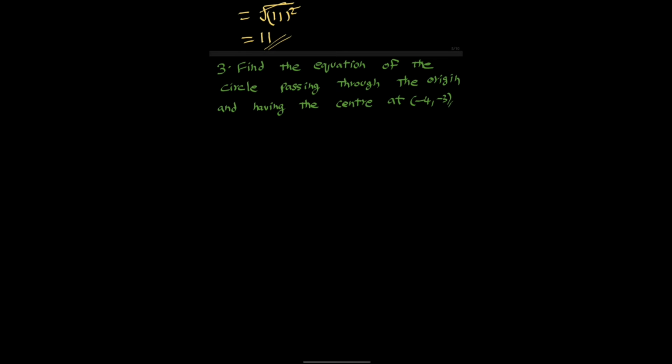So in the given question they asked to find the equation where the circle is passing through the origin, that is 0 comma 0, and having the center at minus 4 comma minus 3.